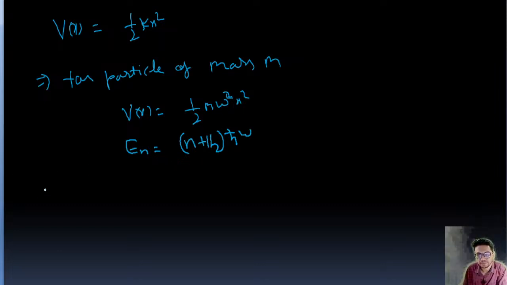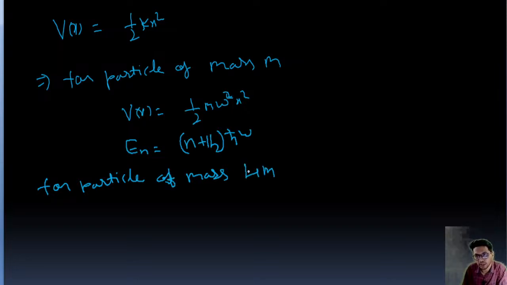Okay, second, for a particle of mass 4m, V(x) is going to be 1 by 2 times 4m omega squared x squared. In place of mass m, we write 4m, right?